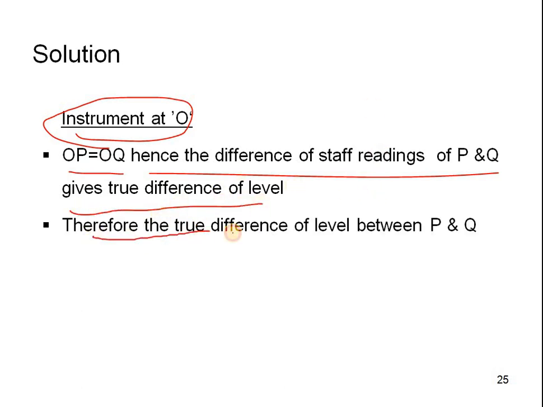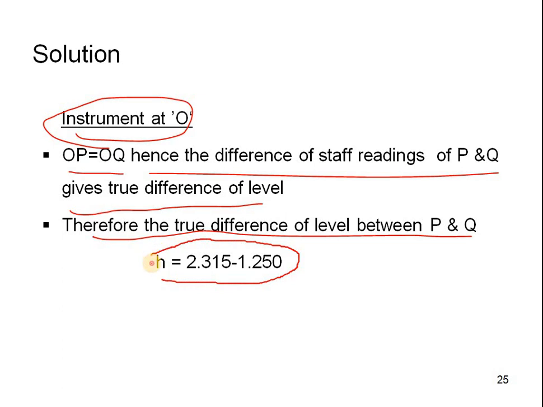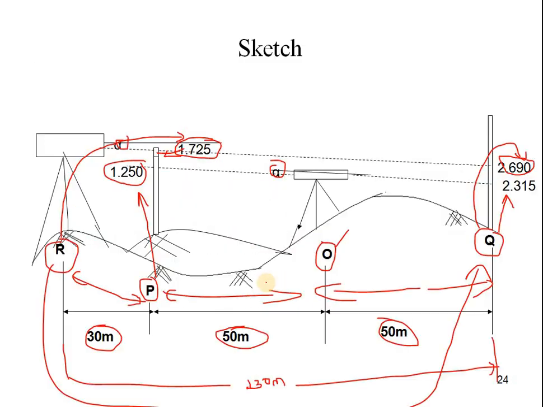Therefore the true difference of level between P and Q is H equal to 2.315 minus 1.250. Then we get H equal to 1.065 when P is higher. So how are we defining that P is higher? We can see here, this is P, so P is higher.